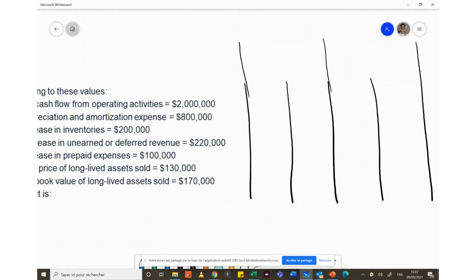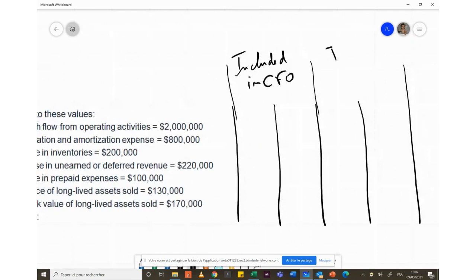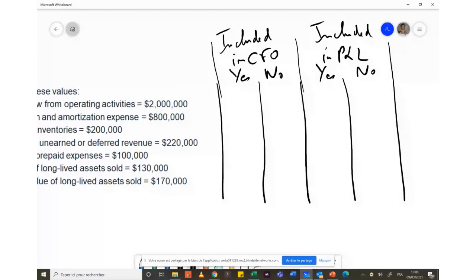So the question is: is it included in cash flow from operating activity? It's a cash flow. Is it included in the P&L? And the answer is yes or no. What we want is what is included in the P&L.